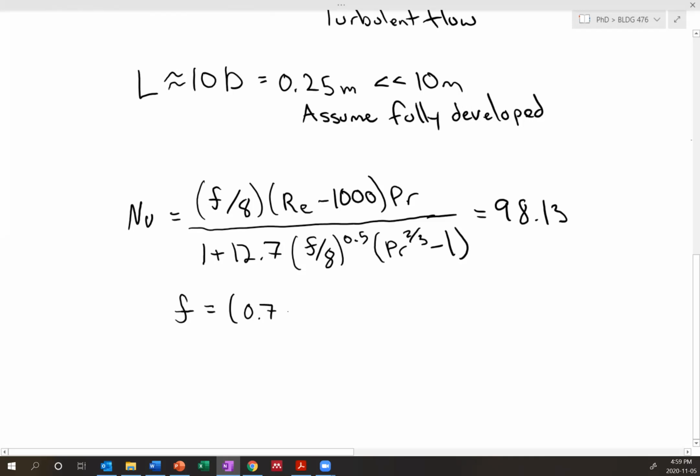This time it's 0.79 ln of the Reynolds number. Plugging that in will give us this 98.13.